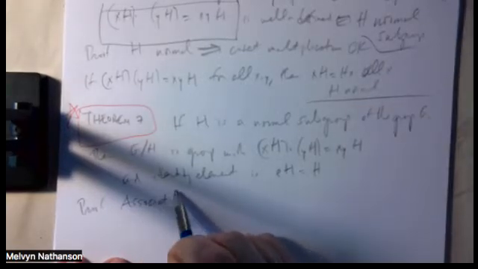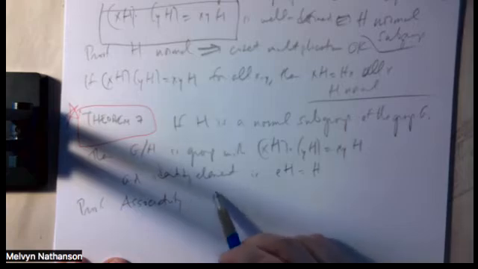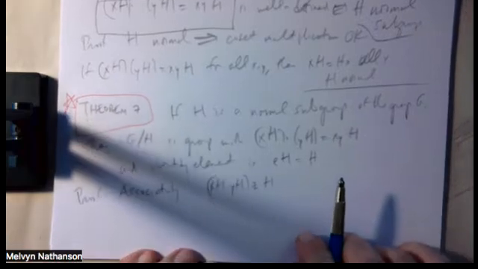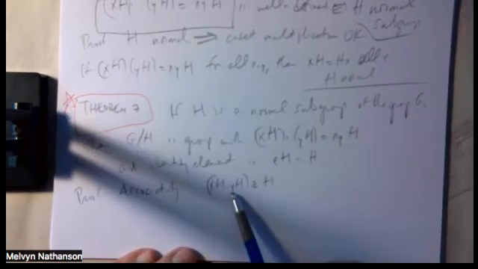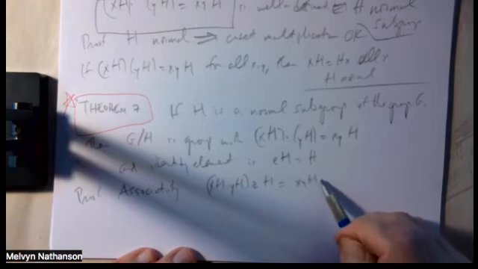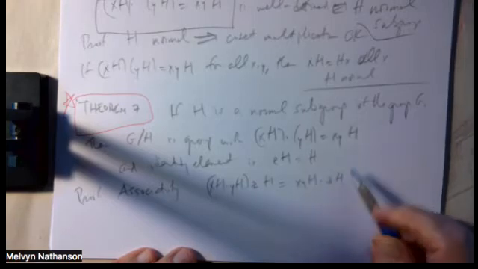So the proof now is very straightforward, at least once you're familiar with algebraic reasoning. Suppose I want to prove associativity. If I take xH times yH and I multiply by zH, what do I get? xH times yH is the coset xyH times zH.